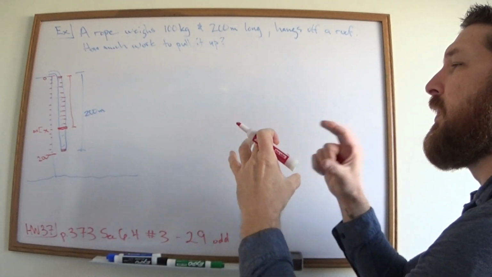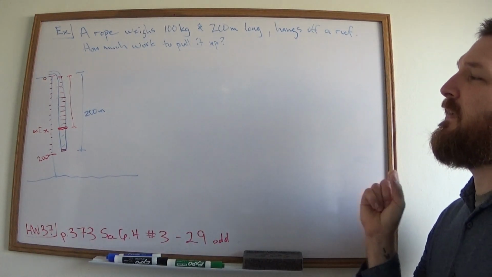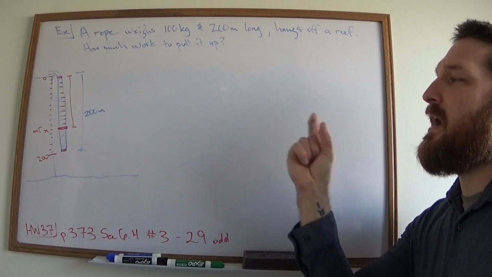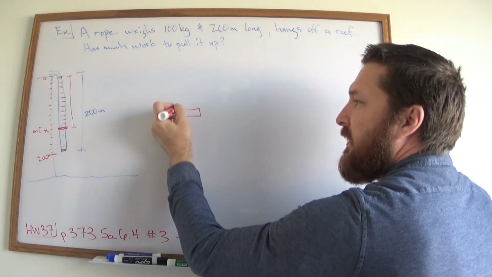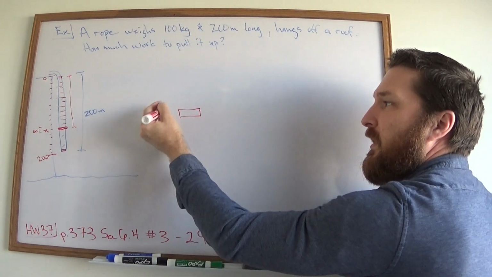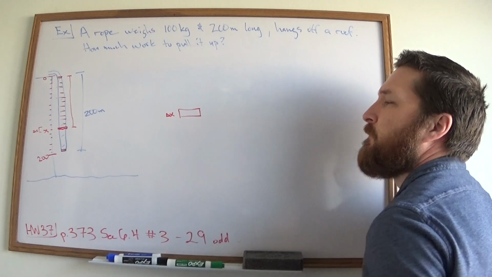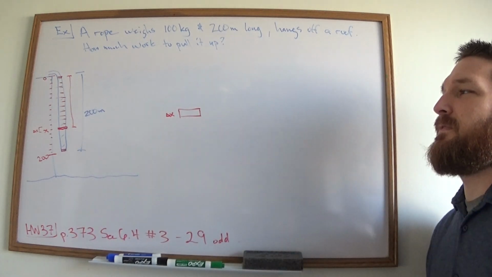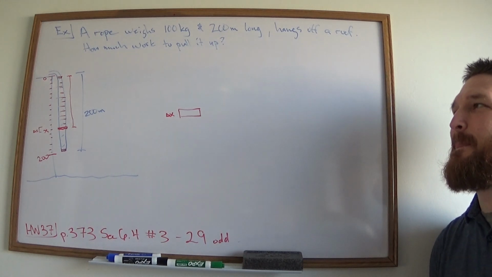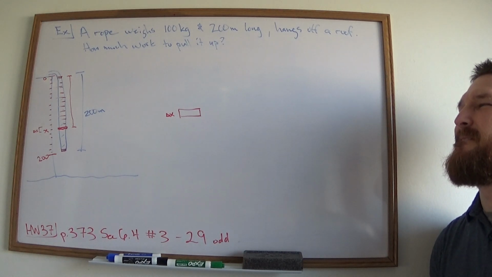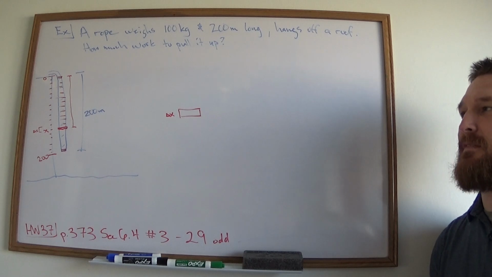So that rope, we need to find out how many kilograms are in that little bit. The length of it this way is delta x. So how many kilograms are in that little length right there? 100 divided by delta, something like that. This is what I'm going to think.